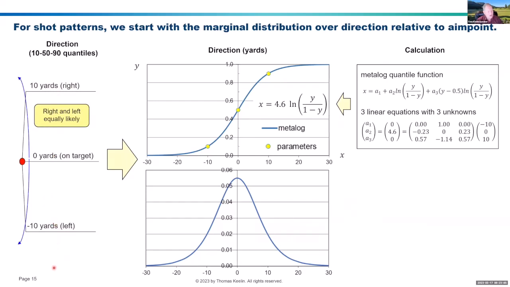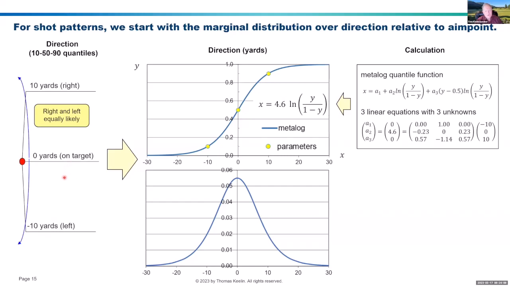Maybe one shot in 10 would go farther left than 10 yards. One shot in 10 would go farther right than 10 yards. And I think for most good players, by the time they get to that level, you could say right and left are equally likely. That's not true for most amateurs, but let's say the center of this, the median, is equally likely to be either left or right.